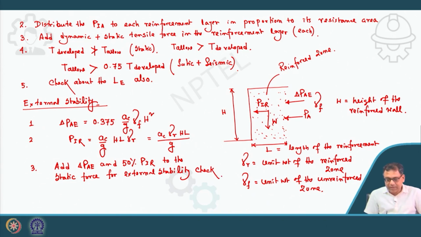Why will I take 50% of PIR and full del PAE? Because it is unlikely that the maximum PAE and PIR will act at the same time. So it will not happen. So that's why it is recommended you take full del PAE and 50% of PIR.